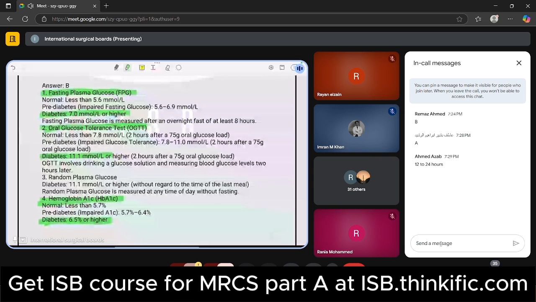ideally his HbA1c should be what? Should be less than what, if he is to undergo surgery? What's the target HbA1c? Less than? Anyone have an idea? Can just raise the hand.